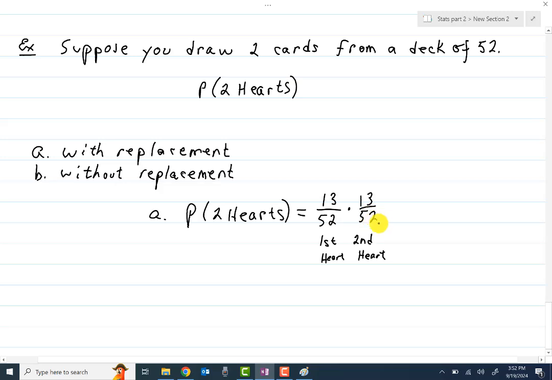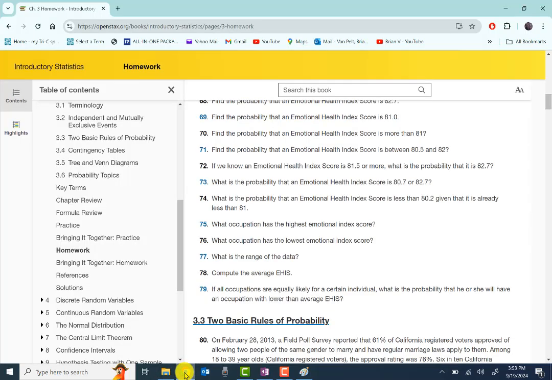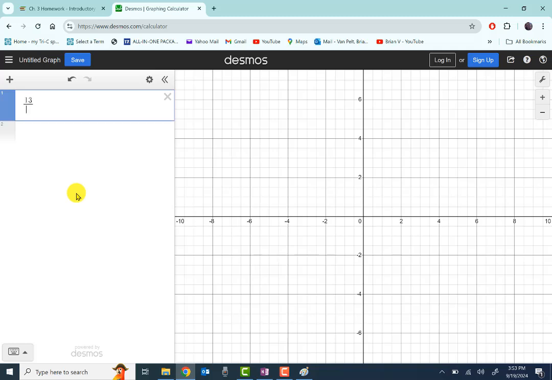If you'd like, you don't have to do anything with these fractions. You can just have your calculator do them. The only thing is you've got to be a little careful on how you do something like this. If you're going to use Desmos, let's see how Desmos does it. 13 over 52, so you can do 13 divided by 52 times the same thing again, 13, and I'm hitting the slash right underneath the question mark.